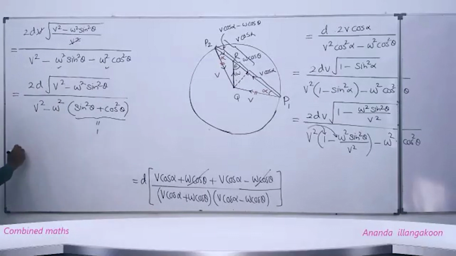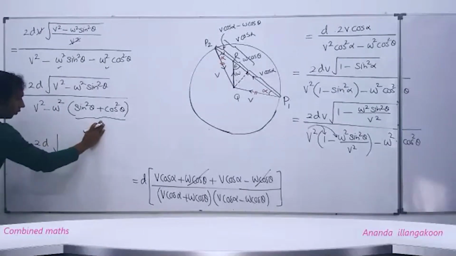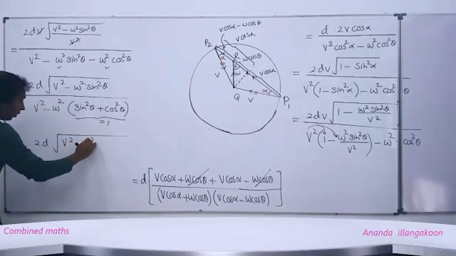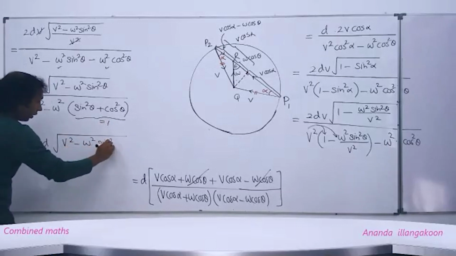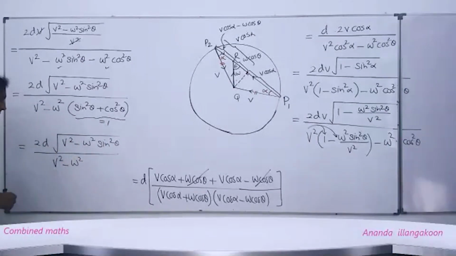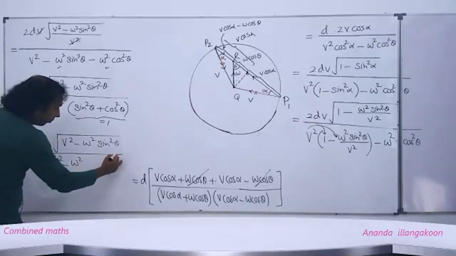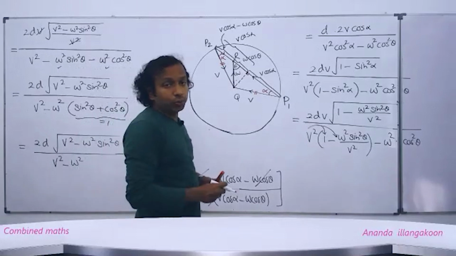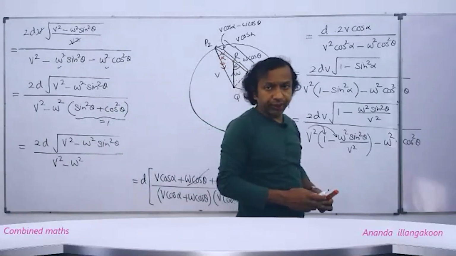Then we get 2d times root v squared minus w squared sine squared theta divided by v squared minus w squared. What is this, people? This is the total time taken by the aeroplane to move from A to B and back to A.